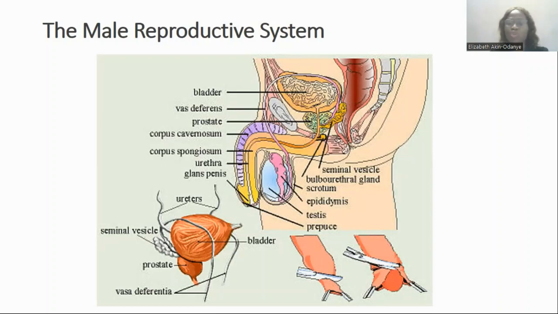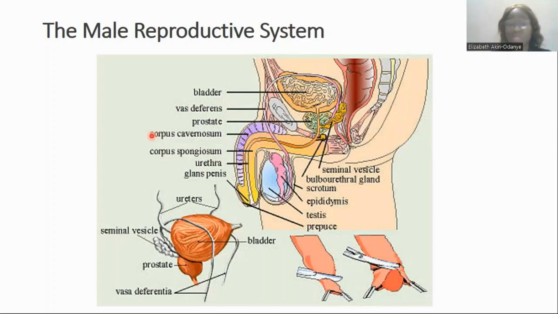So in humans, the penis contains 3 cylinders of spongy erectile tissues. Now, these cylinders comprise the corpus spongiosum, as well as 2 corpus cavernosa.